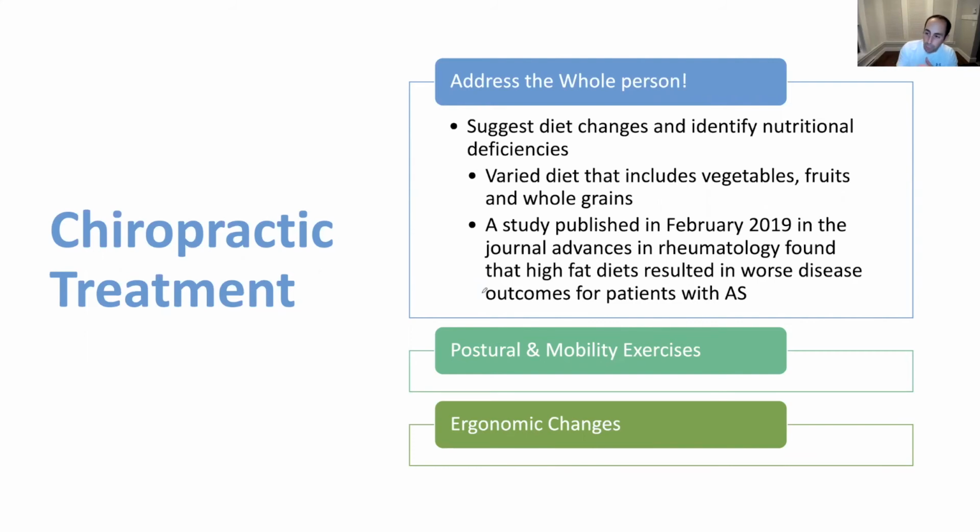With Hashimoto's, if you are gluten sensitive or you have gluten intolerance, any amount of gluten will basically destroy your thyroid even faster because with Hashimoto's, right? It's an autoimmune disorder of the thyroid.